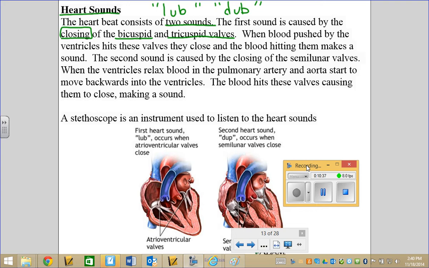Blood is going into your ventricles and it's pushed. So when your ventricles contract and push on that blood and it can't go backwards, it hits the valves as they close, and that makes a sound.